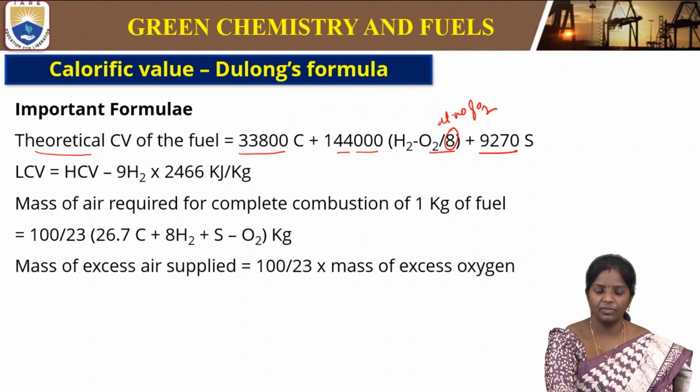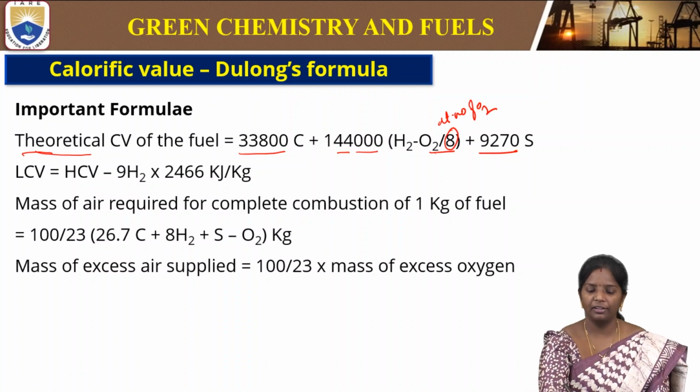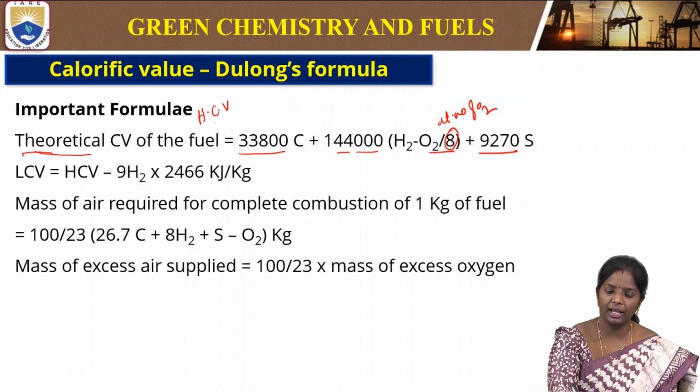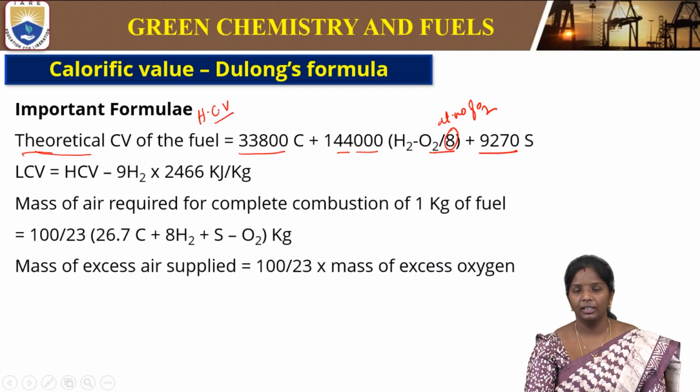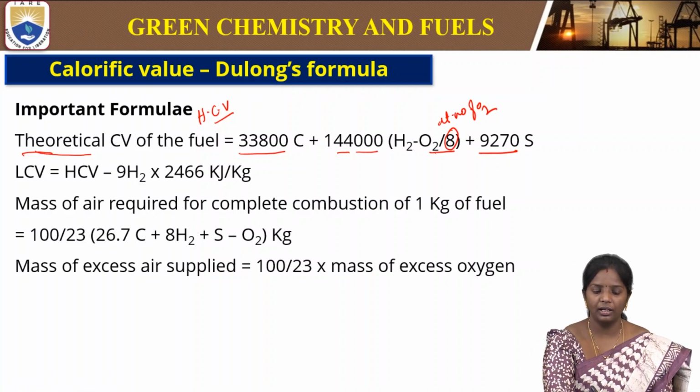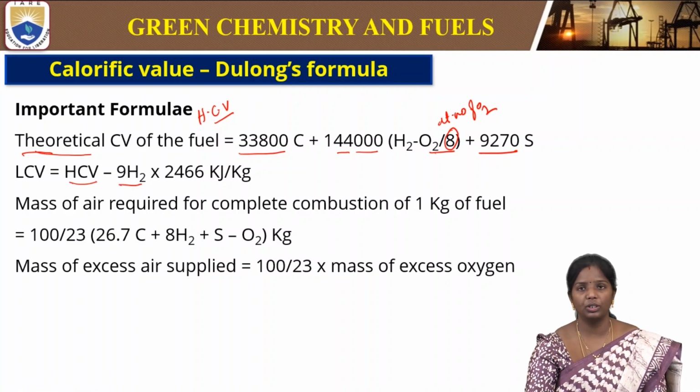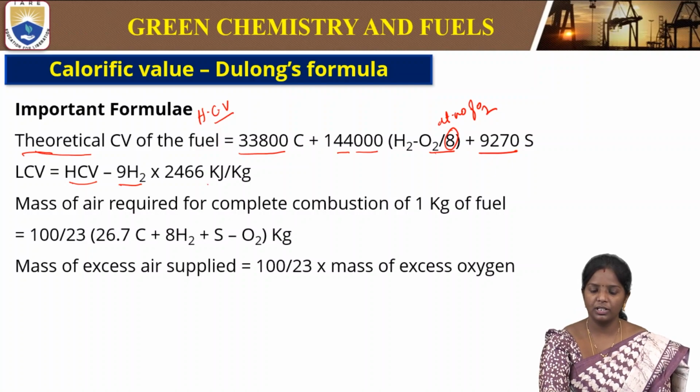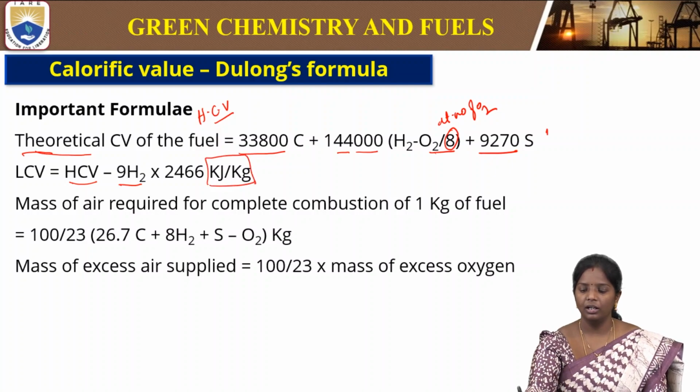This is what we use for the higher calorific value, that is the theoretical calorific value formula. Then the lower calorific value is higher calorific value minus 9H2 into 2466, expressed in kilojoules per kg, which is the unit for the calorific value.